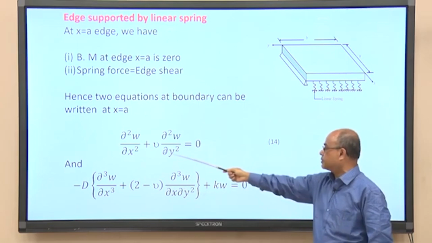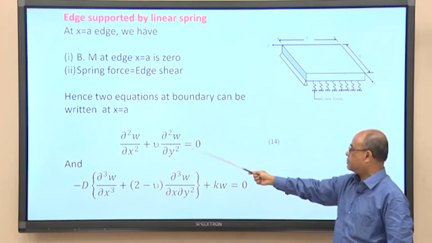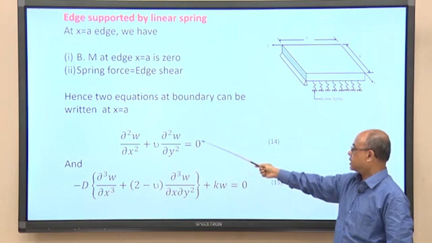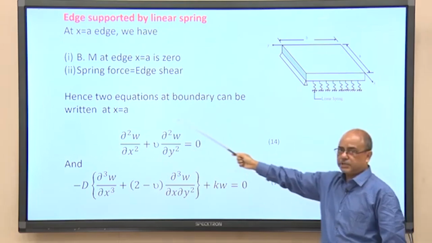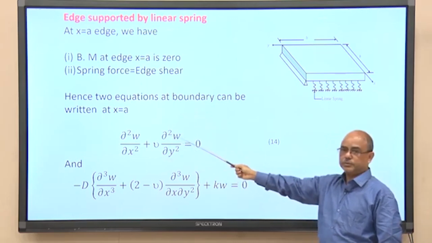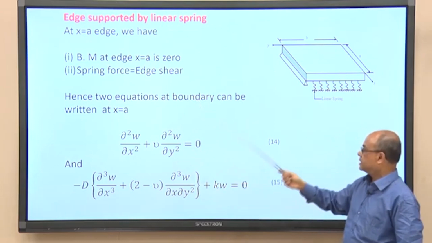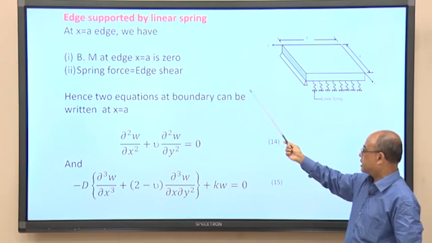Bending moment equal to 0 gives this simple equation: del square w by del x square plus mu into del square w by del y square equal to 0. This is the bending moment expression at x equal to a; you have to substitute x equal to a, then only you can write the equation. And the second condition, spring force equal to S shear.